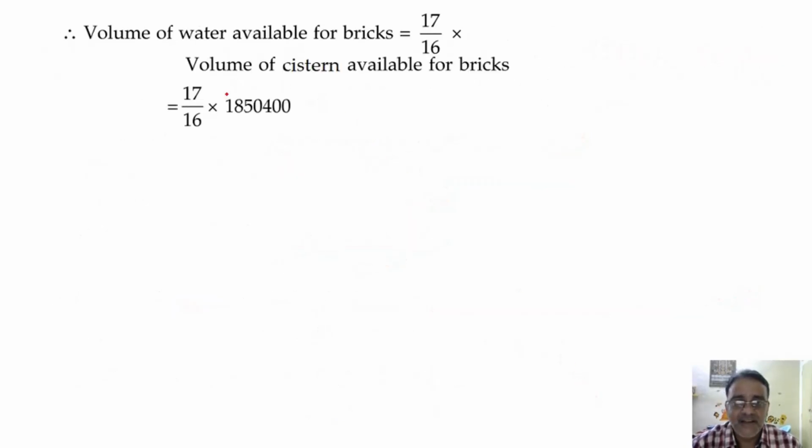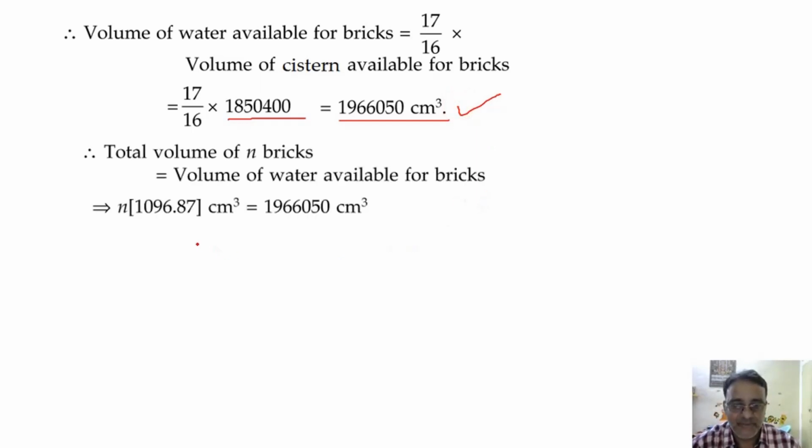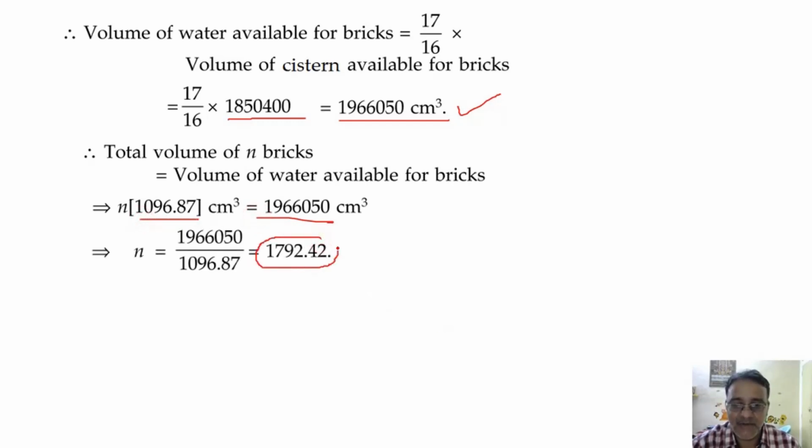So we'll get 17/16 into 18,50,400, and this is equal to 19,66,050 centimeter cube. So this will be equal to the total volume of n bricks. Now we'll divide this by 1096.87. So we'll get approximately 1792.42.